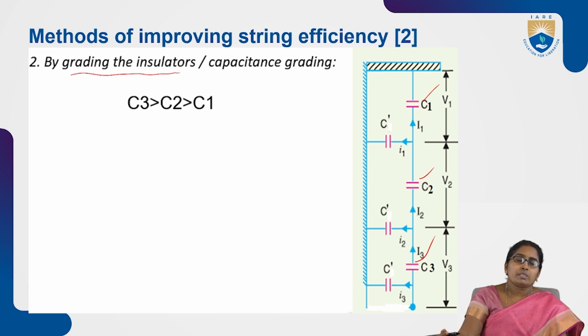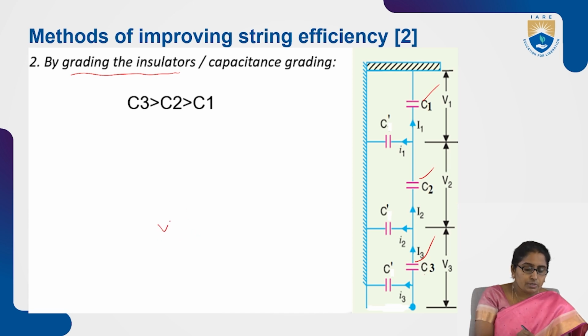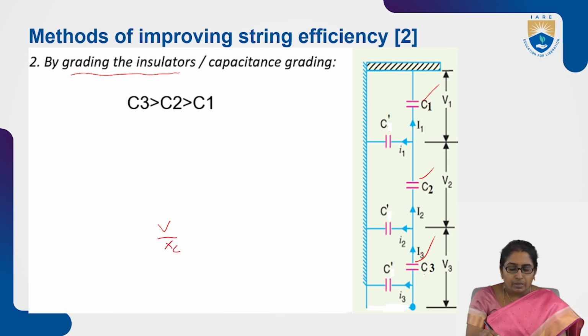We also know that the bottom unit has the maximum voltage drop across it. So we can use the highest capacitance at the bottom, because the voltage is directly proportional to the capacitive reactance, and the current is V by XC.